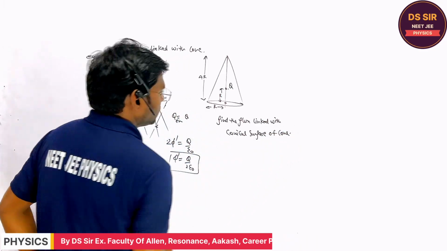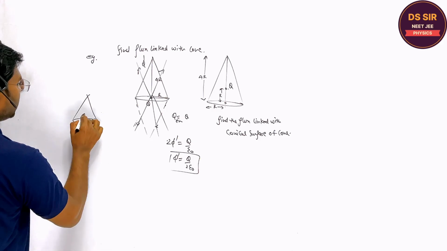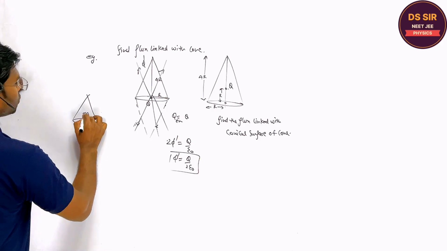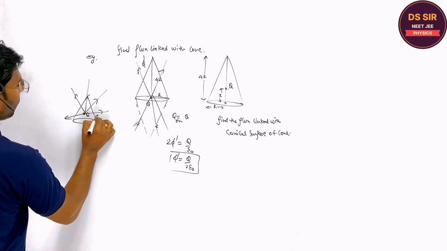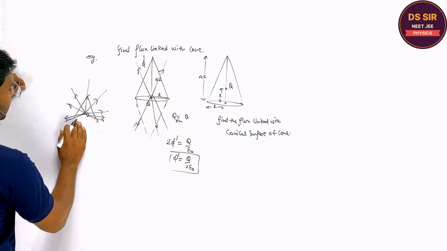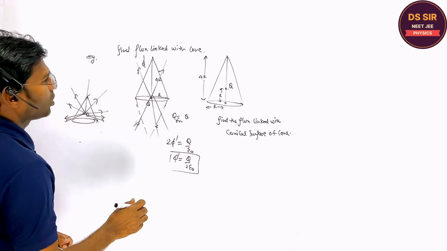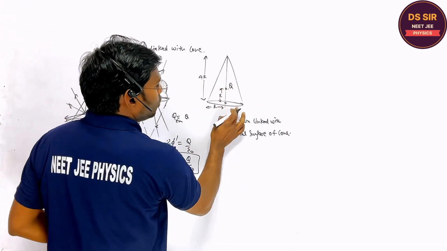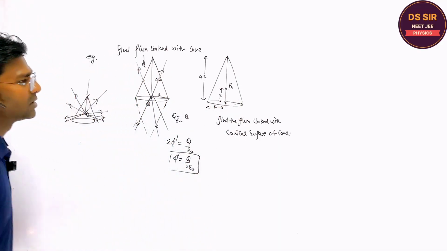What is the question? If this is the cone and you place the charge q, the flux will be linked with the conical part. This is the conical part, not the base. You understand or not? Copy this.